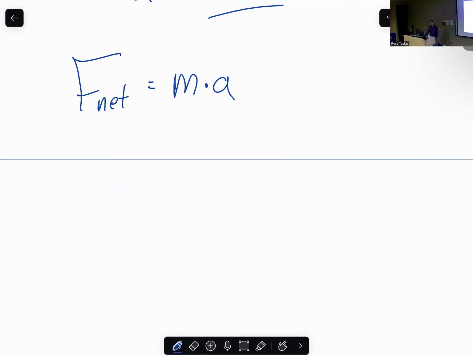What's the weight force formula? Google Form, question E. How can I calculate weight? Always W equals what?